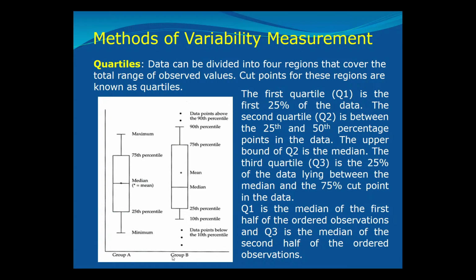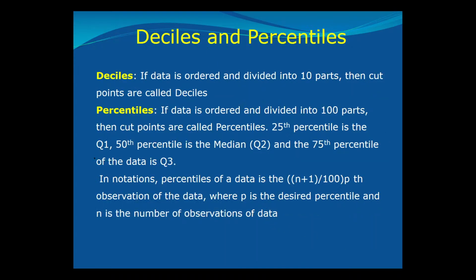In the graph, you see group B, and we can see almost the same graph, but it shows not quartiles, but percentiles. In the percentile, we divide the data set into 100 parts.